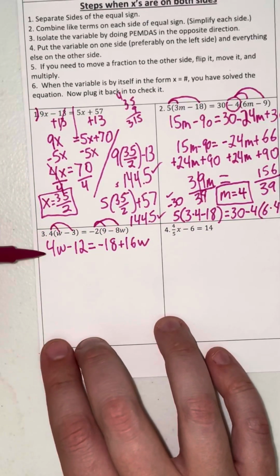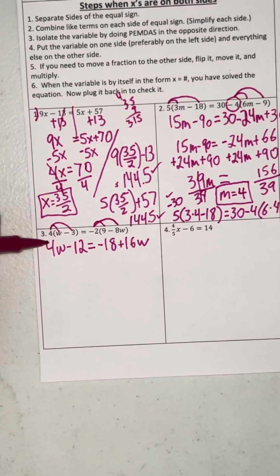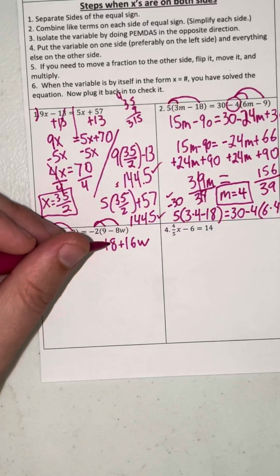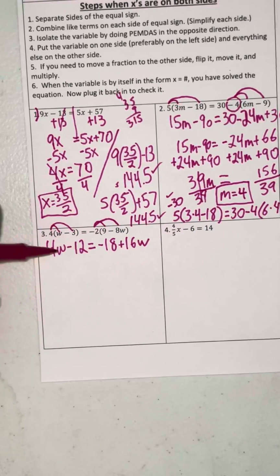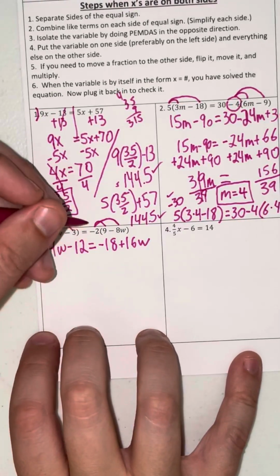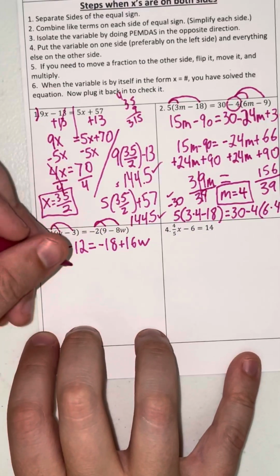So this is one where you could possibly make an argument to say, oh, it might be better if I move the 4W over here and the 18 over here, just because everything would end up positive. That's just to keep things on the positive end. If we move it over to the left, as we've been doing, definitely still works out.